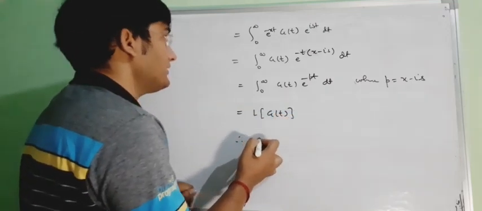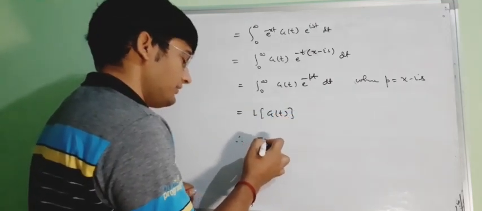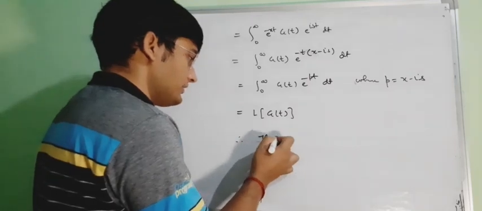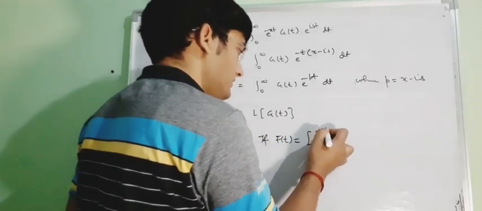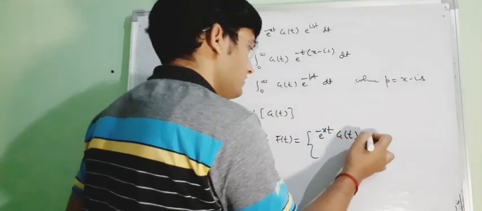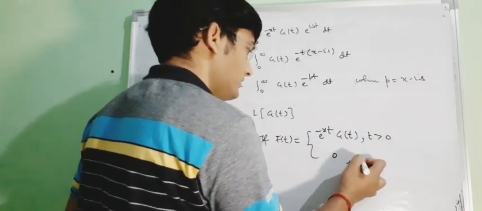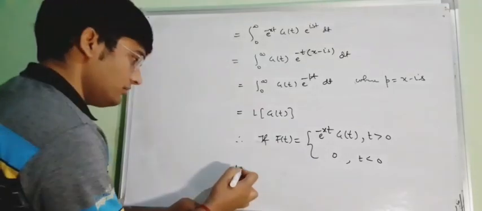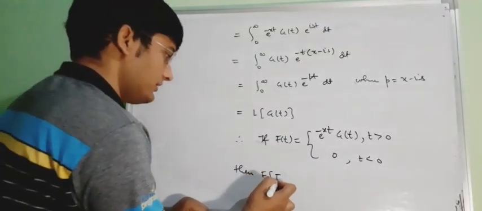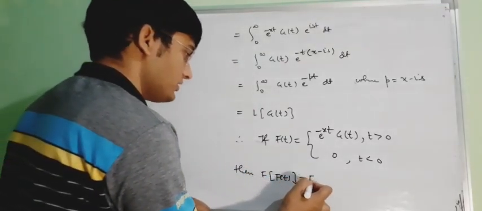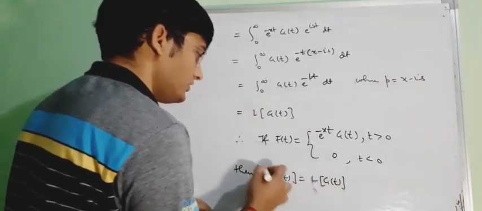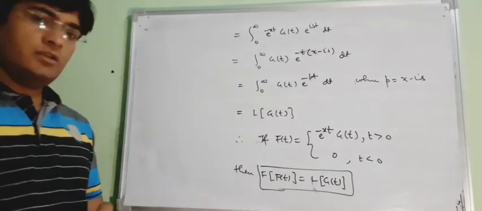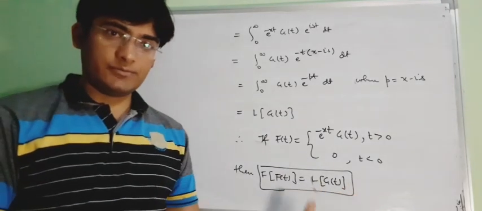Therefore, we can see that if the function f(t) equals e to power minus xt g(t), where t is greater than 0 and it is 0 when t is less than 0, then the Fourier transformation of f(t) is the same as the Laplace transformation of g(t). So for this function, we have proved that these two are equivalent to each other.